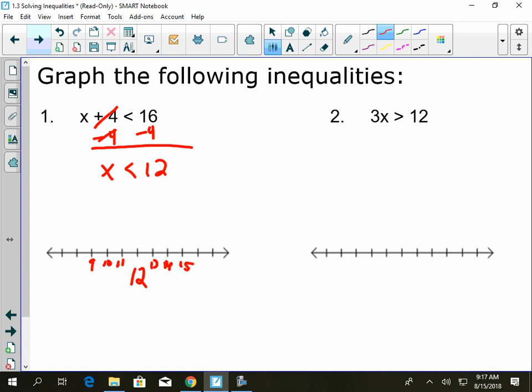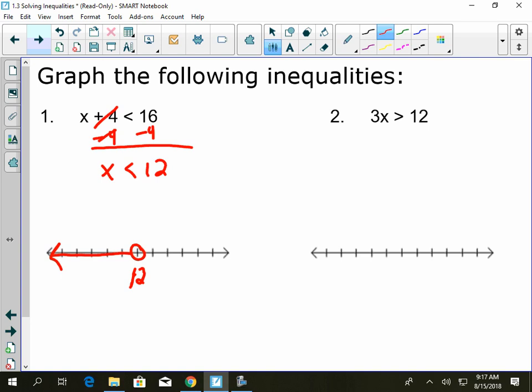I'm just showing you, if it's smaller, which way am I going to go with my arrow? Always go to the left if it's smaller. Am I going to use an open dot or a closed dot? Open, because it doesn't include the 12. So then I just go like this. Make an arrow. You're done. I don't have to write all these little numbers. I just did that to show you this is a number line. That's the way the number line should look.